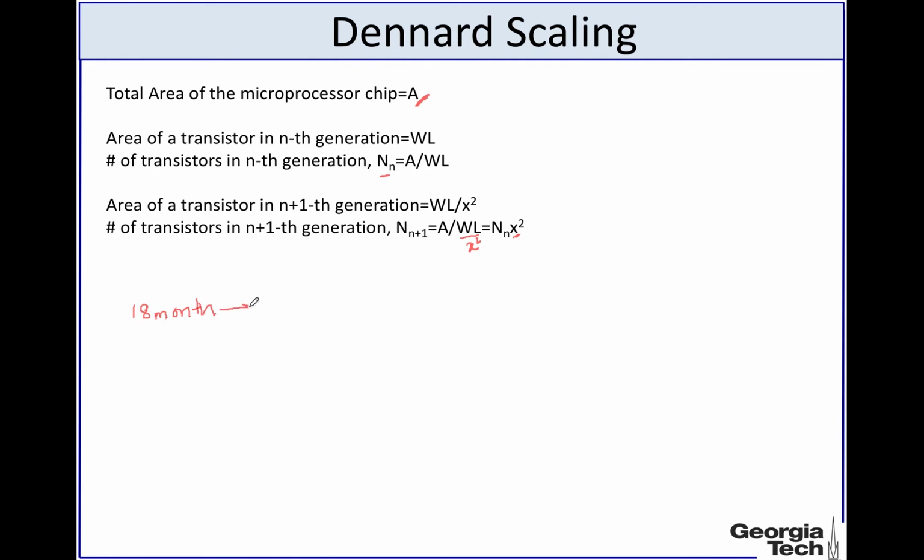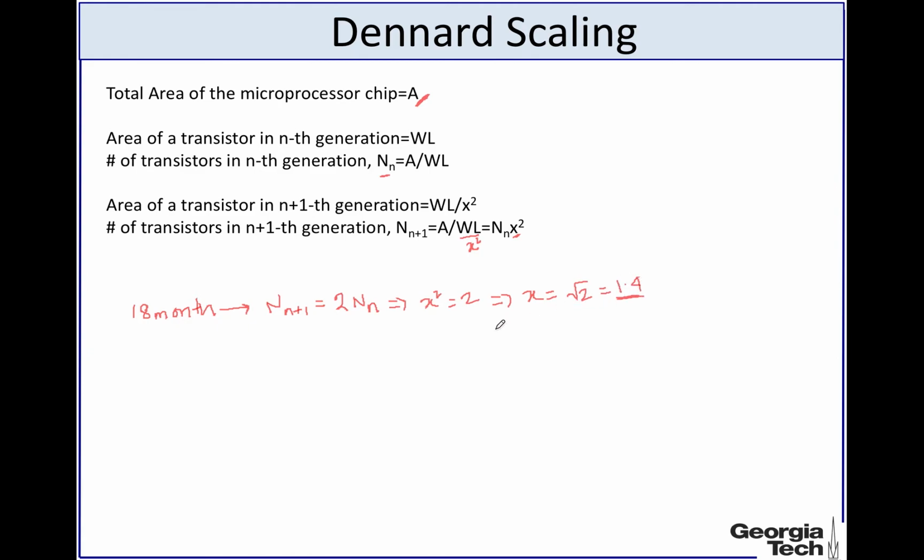This is what happens practically in scaling. So what we can say is that Nn+1 equals 2 multiplied with Nn, and that essentially means that X squared is 2, and as a result X is square root of 2, which is equal to something like 1.4.